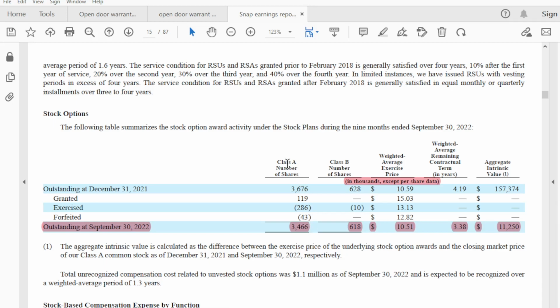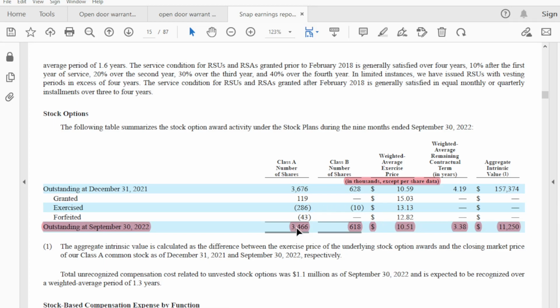This is just their Class A. For their Class B, this was 618,000 shares. You can see it's in thousands. Now look at the weighted average exercise price. The weighted average exercise price here is $10.51.